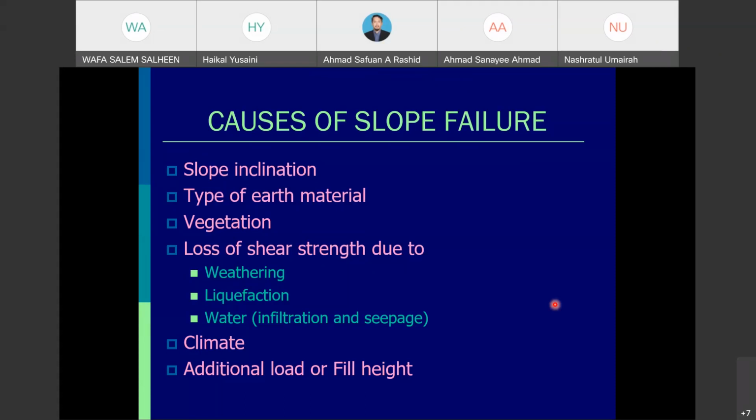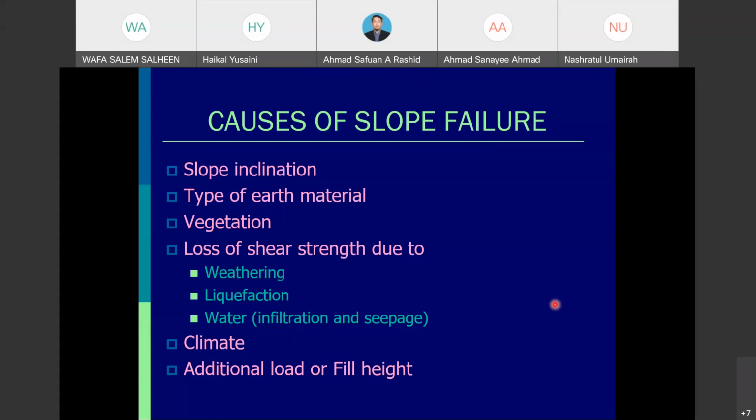The last one is infiltration and seepage, most probably due to rainfall and the groundwater level.